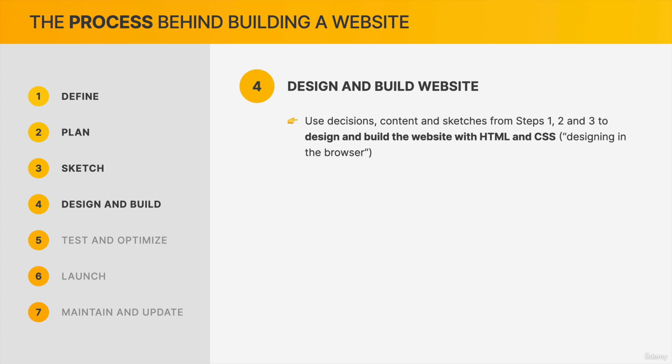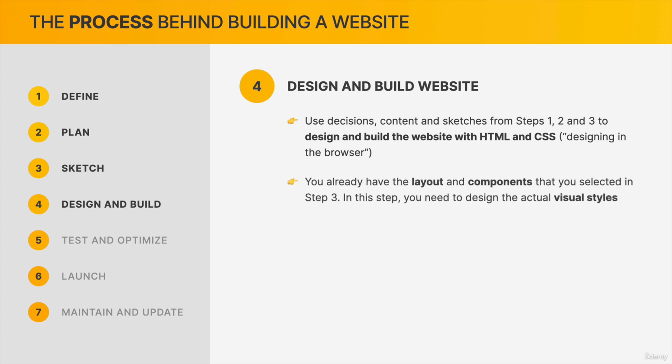And this designing includes, of course, to now choose and apply the actual visual styles for your design. So remember, from step 3, you already have the layout and the components. And so again, now it's time to actually implement them and to design the actual visual styles that you were going for.